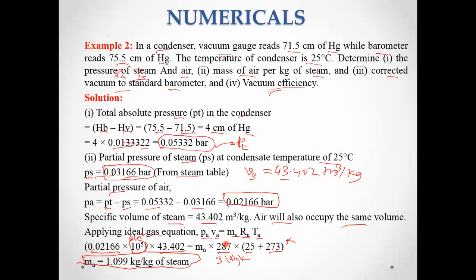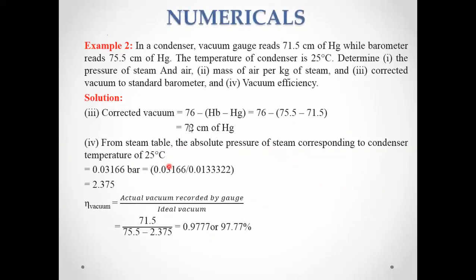Okay. Then next what we have to find? We have to find the corrected vacuum. So corrected vacuum is equal to, that is, standard reading, that is 76 centimeter of Hg. 76 centimeters is nothing but 760 mm of Hg. So we can write it as 76 centimeter of Hg.